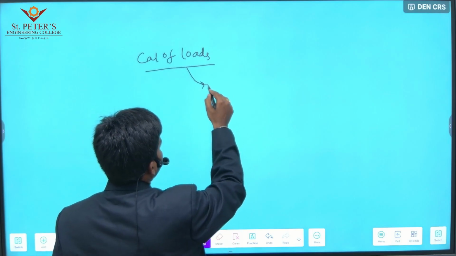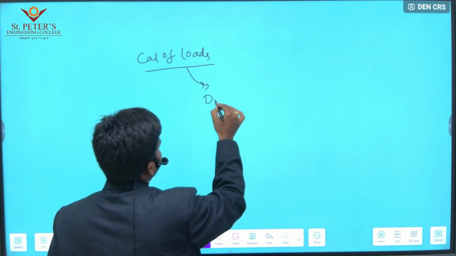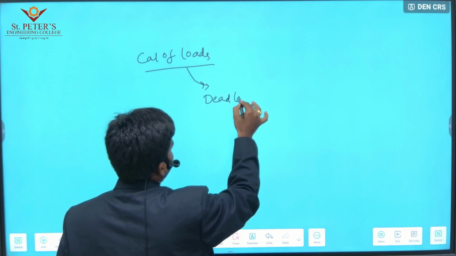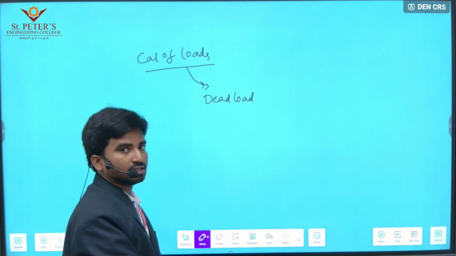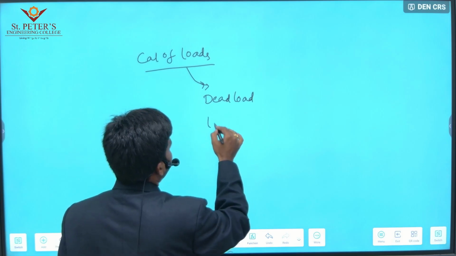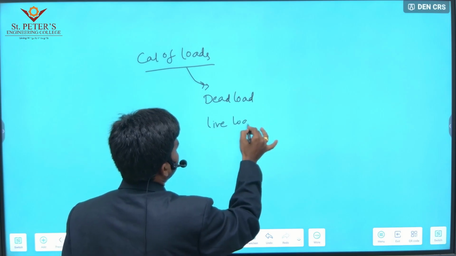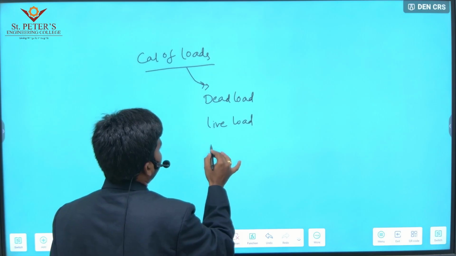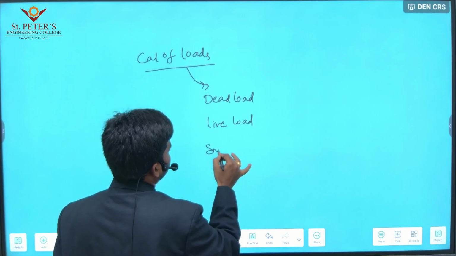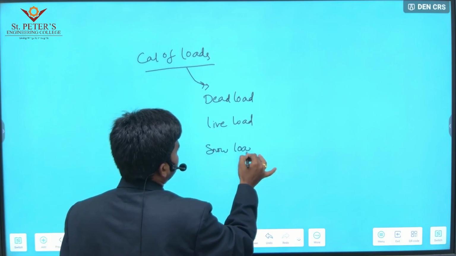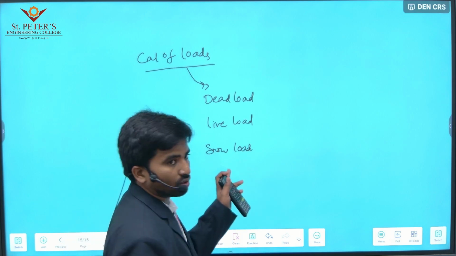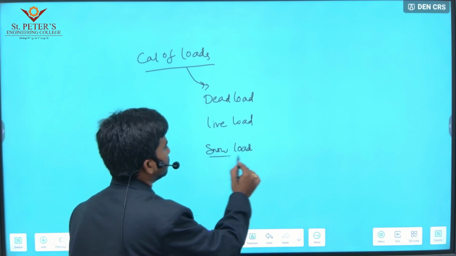In the calculation of loads, we take the dead load, which is the self weight of the material, the live load and the snow load also. Here we are not considering the snow load. In foreign countries they take the snow load also.